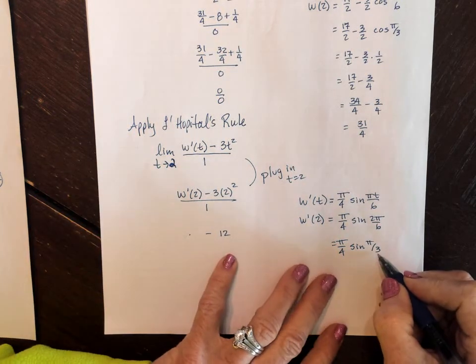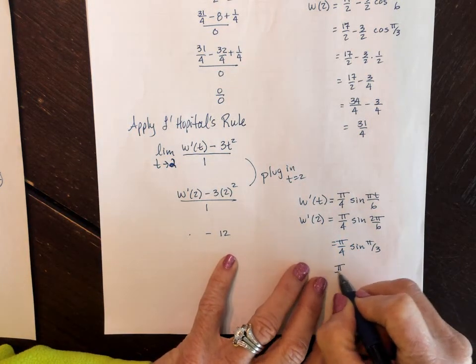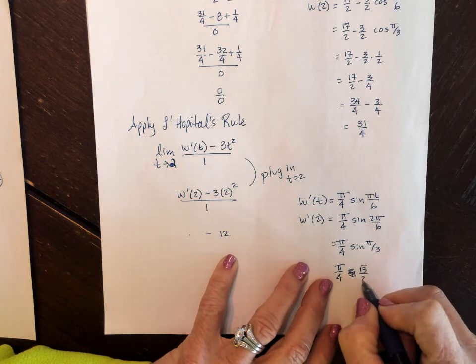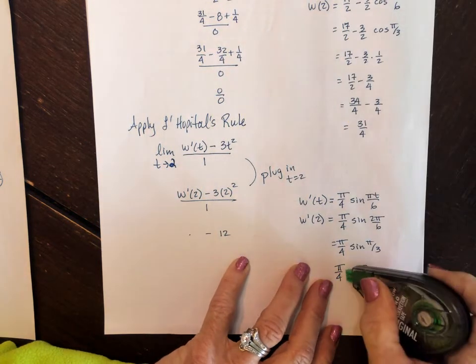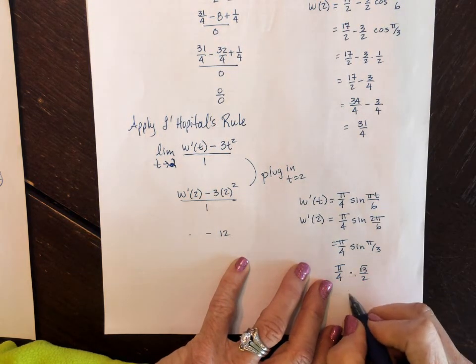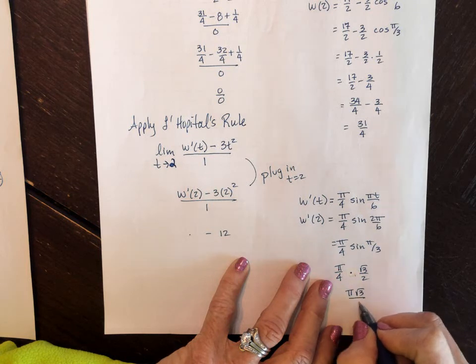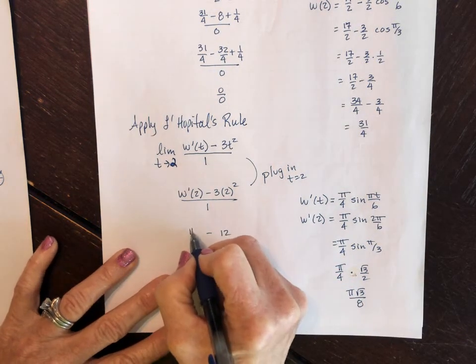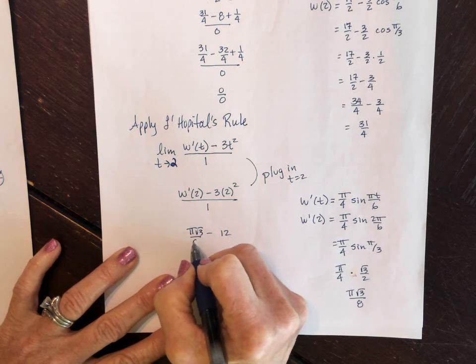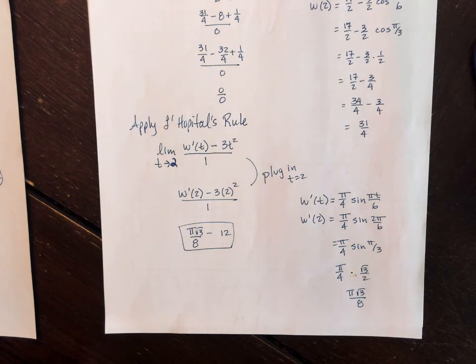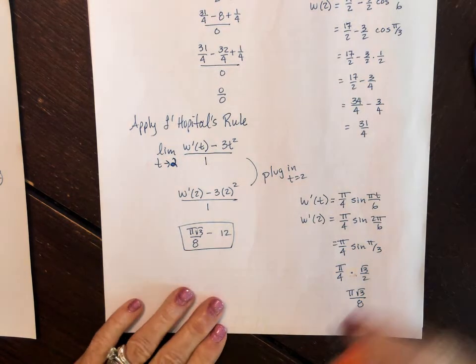Sine of pi over 3 is square root 3 over 2, which gives us pi square root 3 over 8. Whew, that's this. Pi square root 3 over 8. And that is an ugly answer to a limit, but it is the answer.